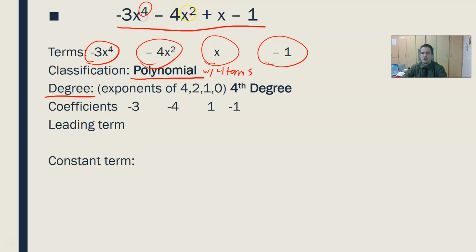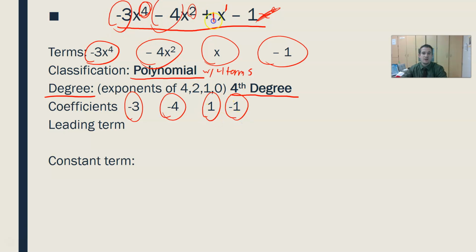I have a 4, a 2, this has an exponent of 1, this has an exponent of 0. Since the largest exponent is 4, I'm going to call this a 4th degree polynomial, or a degree 4 polynomial. The coefficients in this polynomial are negative 3, negative 4, 1, and negative 1. Negative 3, negative 4, there's an invisible 1 in front of this x, so this coefficient is 1, and then I have this negative 1.